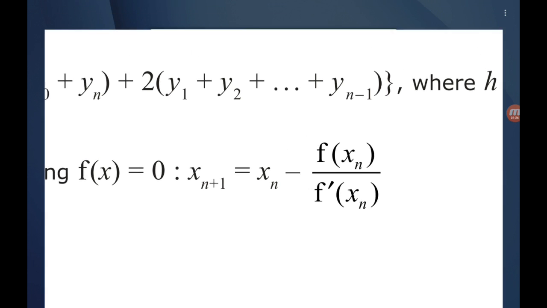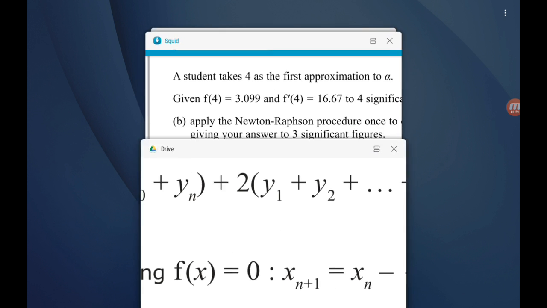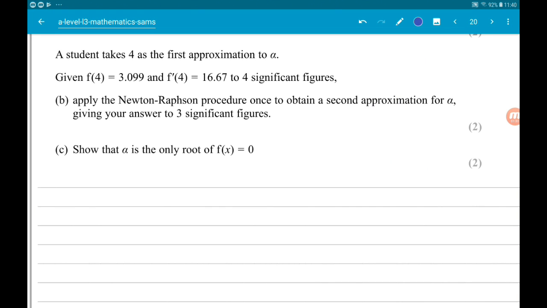So if we say that x0 is equal to 4, the f of x0 is f of 4, so that's 3.099, and the f dashed of x0 is 16.67.